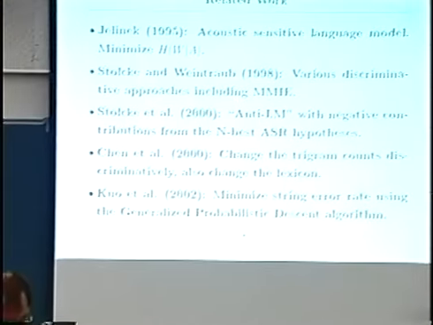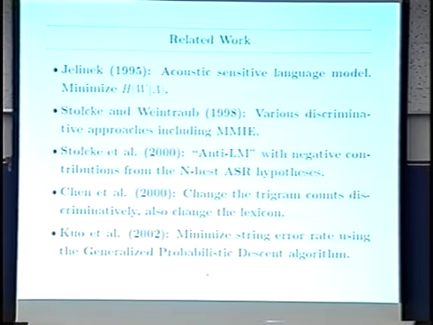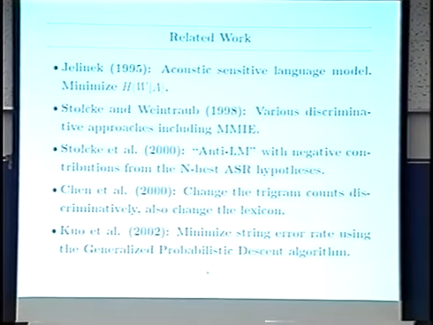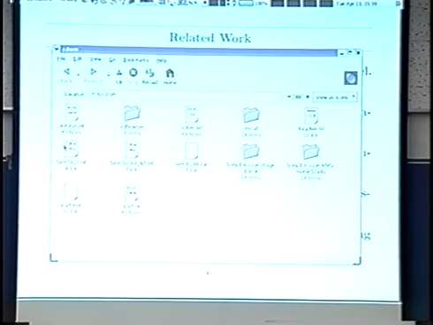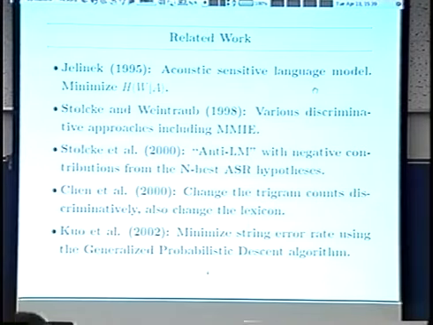So, related work. Basically, Fred had this research report titled Acoustic Sensitive Language Model in maybe '95, which had the idea of minimizing the entropy of the word string given the acoustic string. And Stolcke and Weintraub had tried various approaches, including MMIE in language modeling.